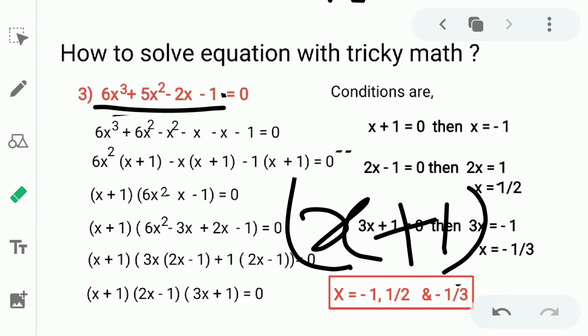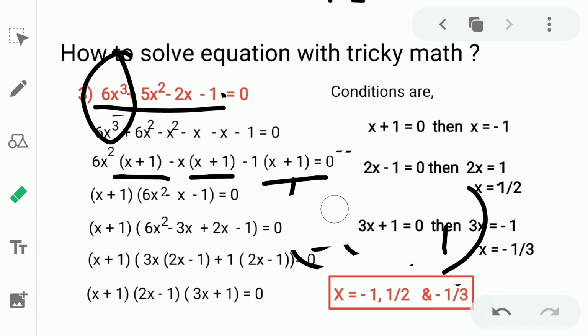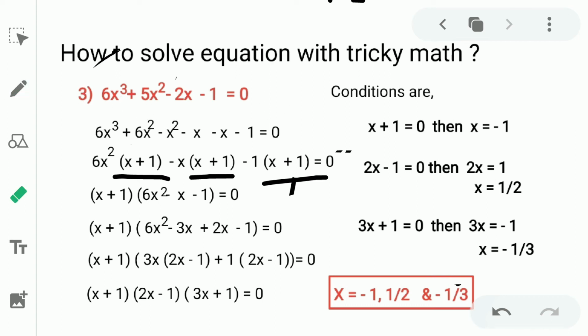One thing we remember here: we have power cube, so we write 3 places. From here we multiply 6x squared to get 6x cubed.